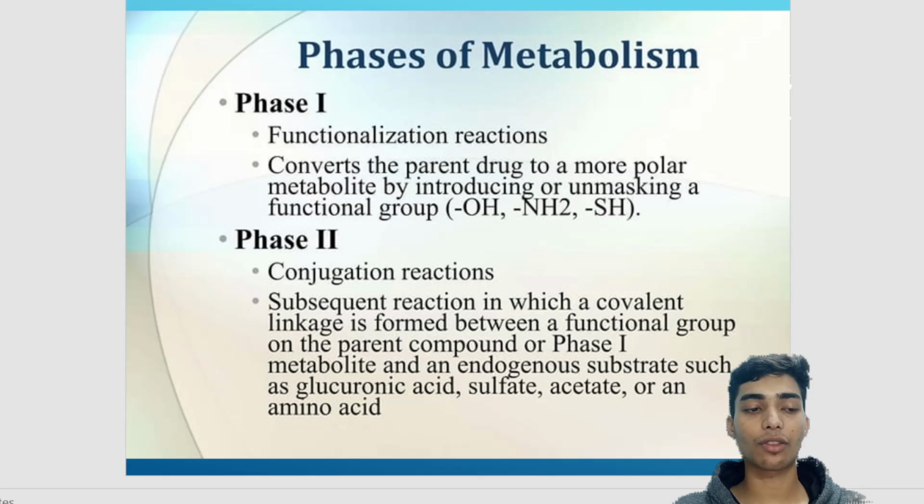In this, a polar group is added to or exposed on the drug to produce a slightly polar active or inactive metabolite, which can act as a substrate for phase 2 reaction. In phase 2 reaction, a more polar compound is conjugated with the phase 1 metabolite to produce a highly polar metabolite, which can be excreted actively in urine or bile.